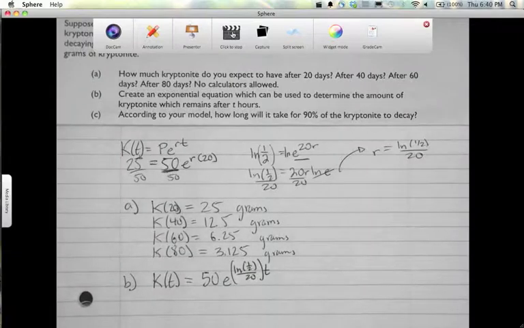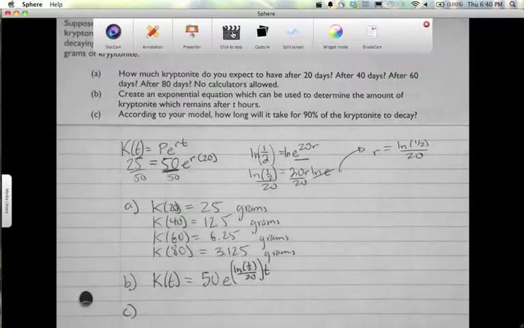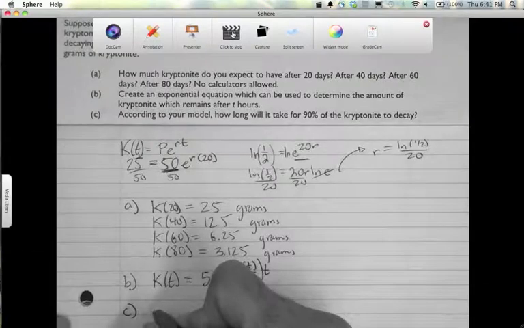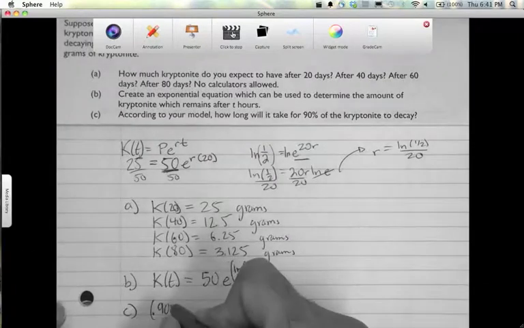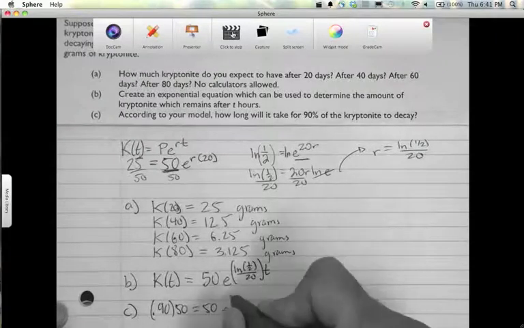And that's part B. To find part C, how long will it take 90% of the kryptonite to decay? That would be like saying 0.90 times 50, that was the original amount, equals 50 times e to all this stuff again.